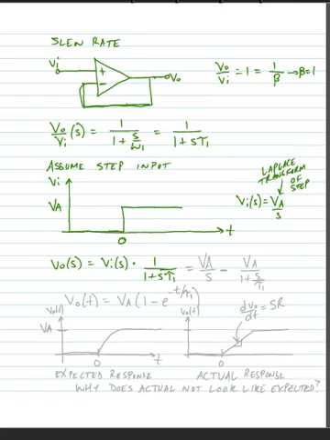VI of S is equal to VA over S, so if we substitute that in, we can write this whole expression out as VA divided by S minus VA over S plus 1 over tau 1. And if we apply the inverse Laplace transform to convert this to the time domain, we would see that V out with respect to time is equal to VA times 1 minus e to the minus t divided by tau 1, which is related to the pole frequency of the op-amp.